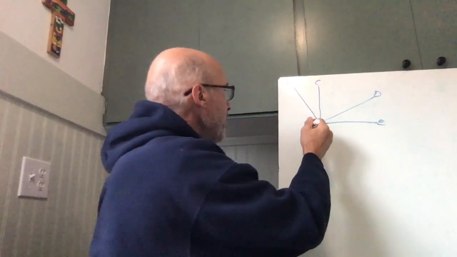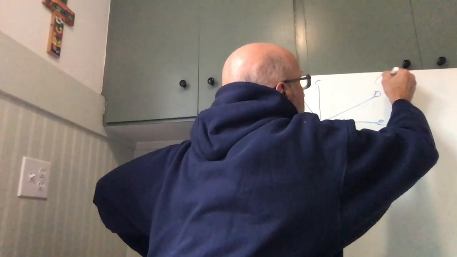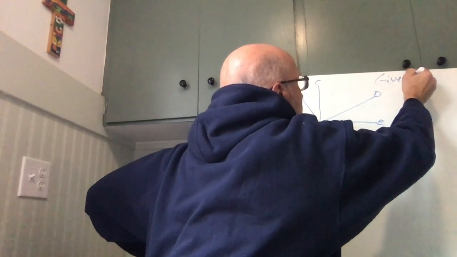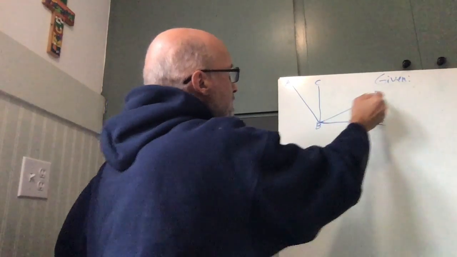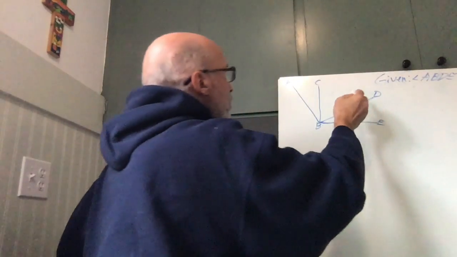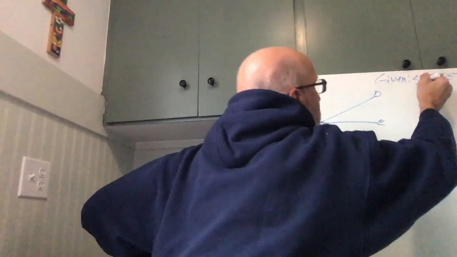So here's what I'm going to give you. Can I write this over here so I have room? Let me try this. Given, let's say that this big angle, ABD, is congruent to this big angle, CBE.